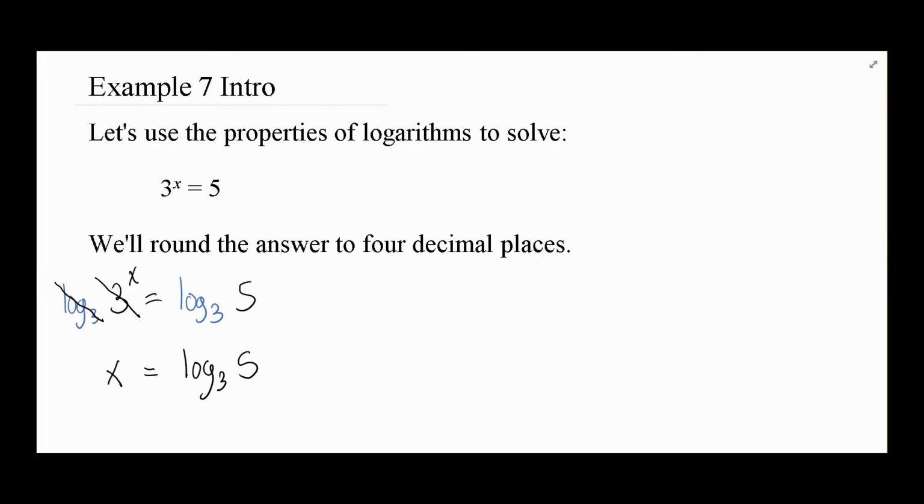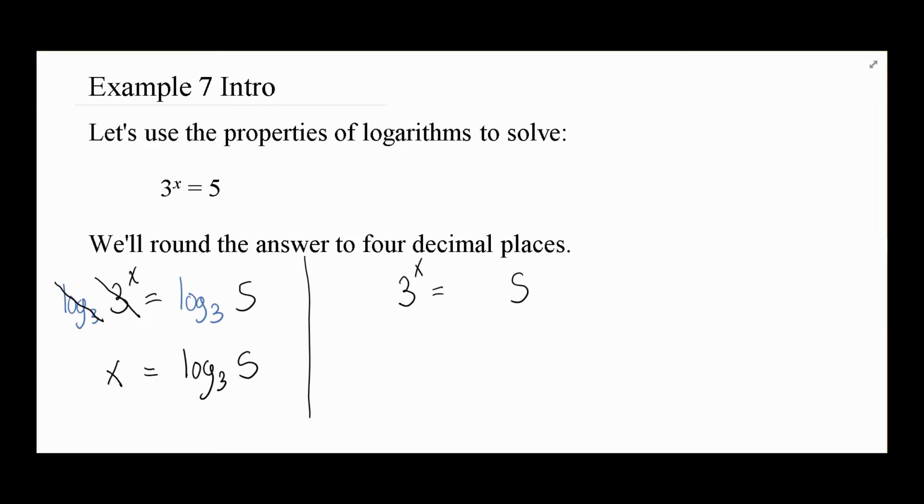That's a problem. Now, some calculators will allow you to put in bases other than 10 and e, but a lot of calculators only have common log and natural log. So let's talk about another approach that we could have taken to this same problem. 3 to the x equals 5.